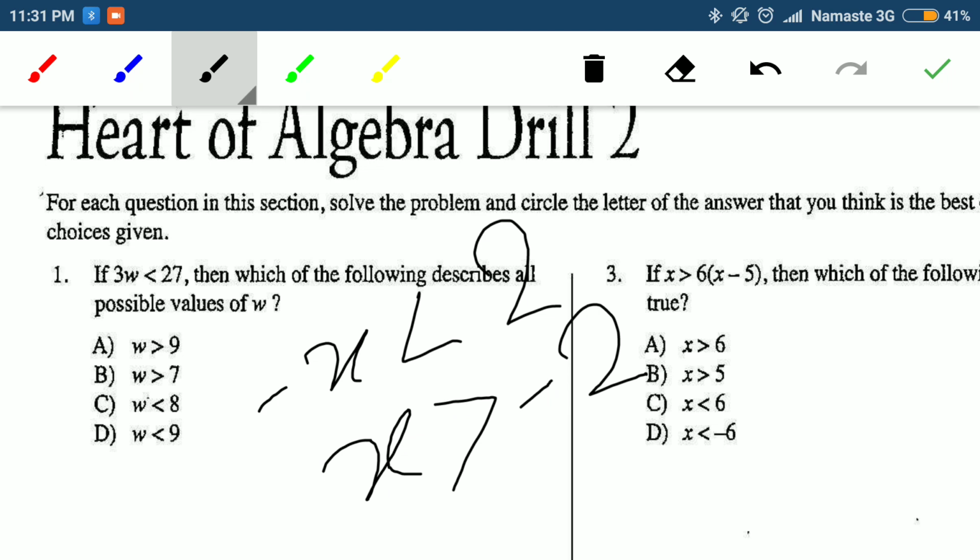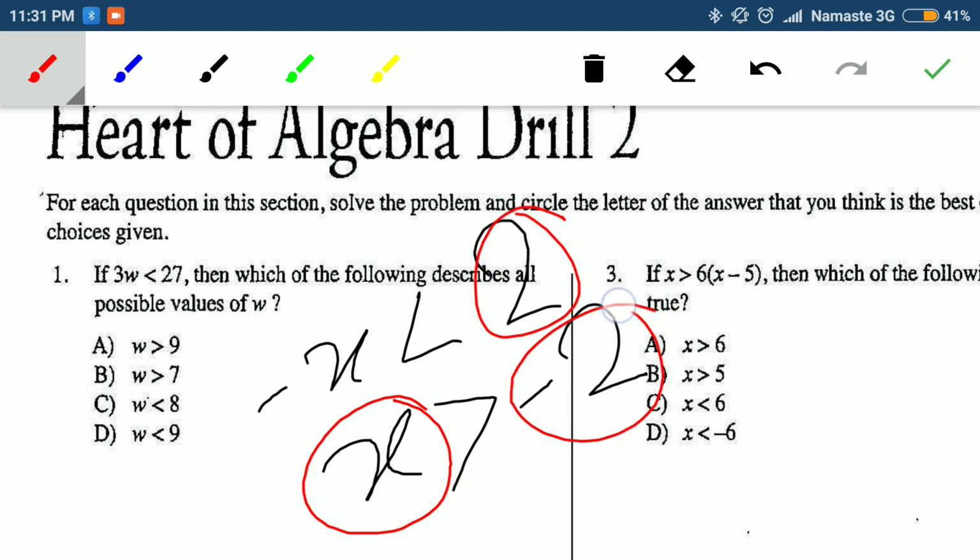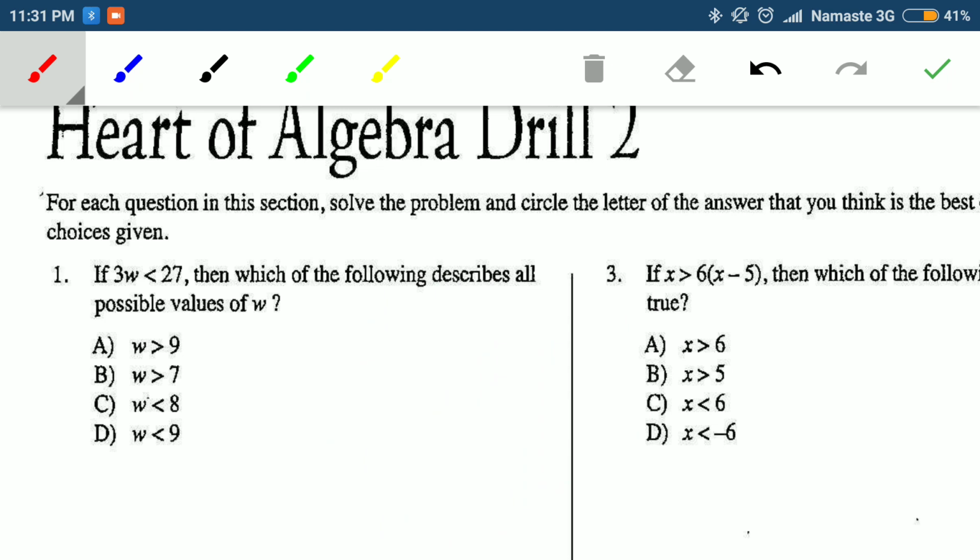Whenever you change the sign, x becomes positive and this positive 2 becomes negative. The sign has flipped, right? Whatever the sign, greater than or greater than or equal to, this case remains the same. When you divide on both sides by a negative sign, the inequality sign gets flipped. Okay, let's try some problems.